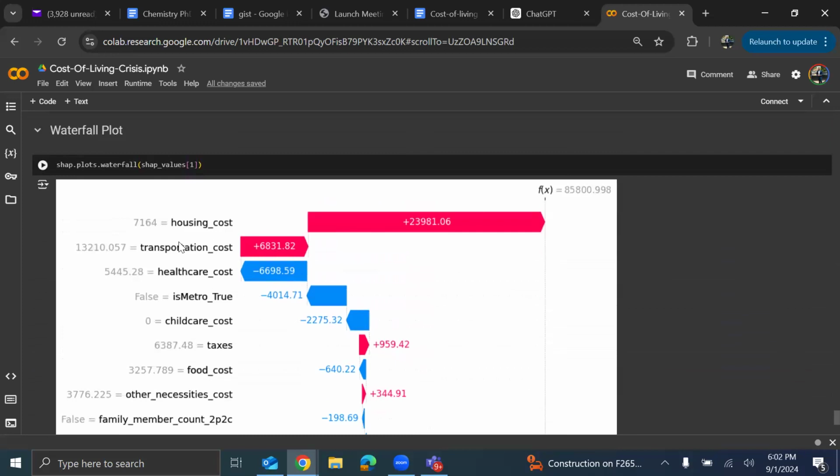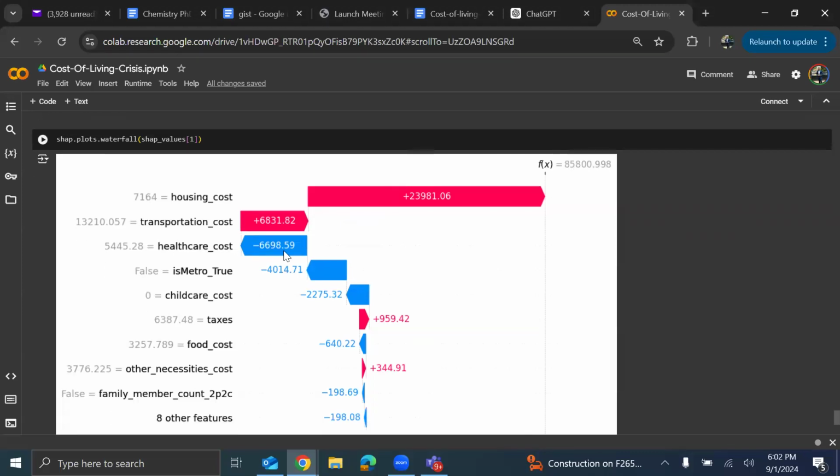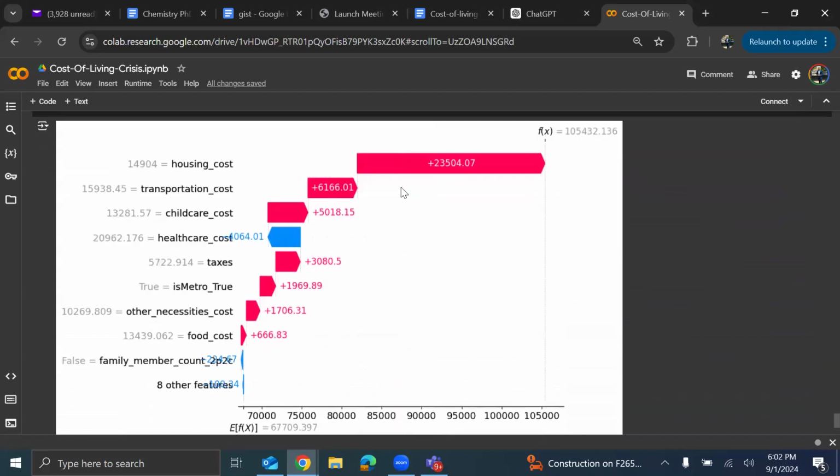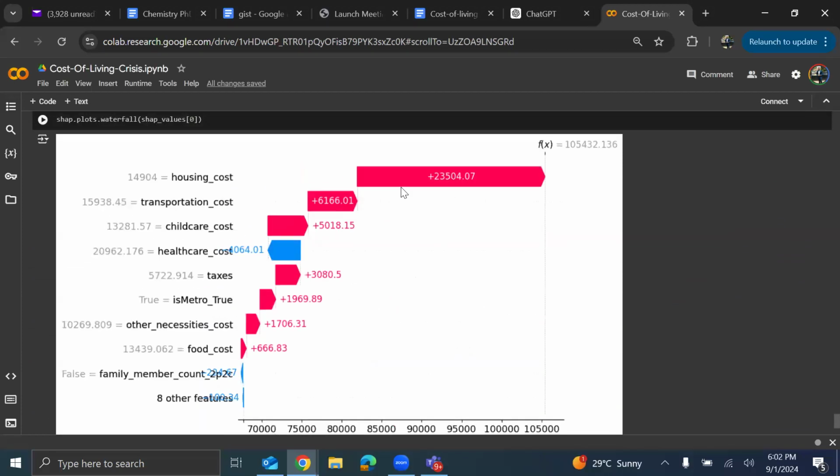So you can see that the housing cost is telling a lot, right? Transportation cost, healthcare costs. These were the major features that the model used.